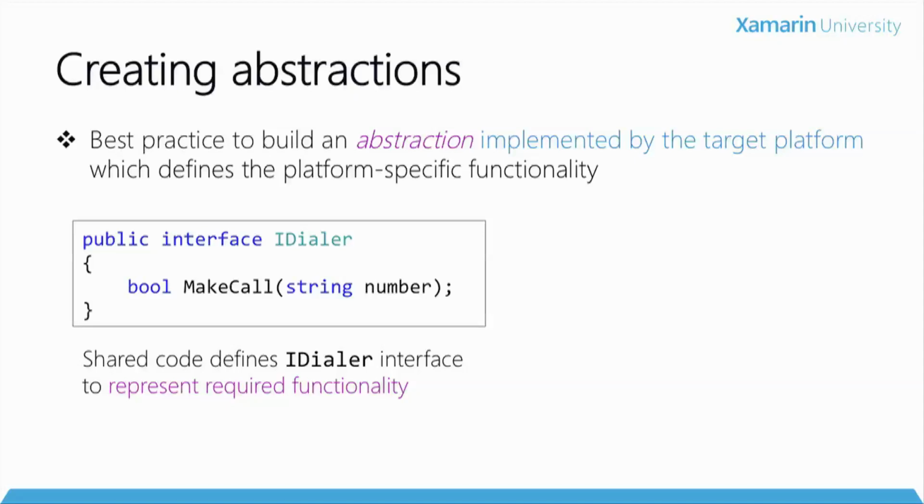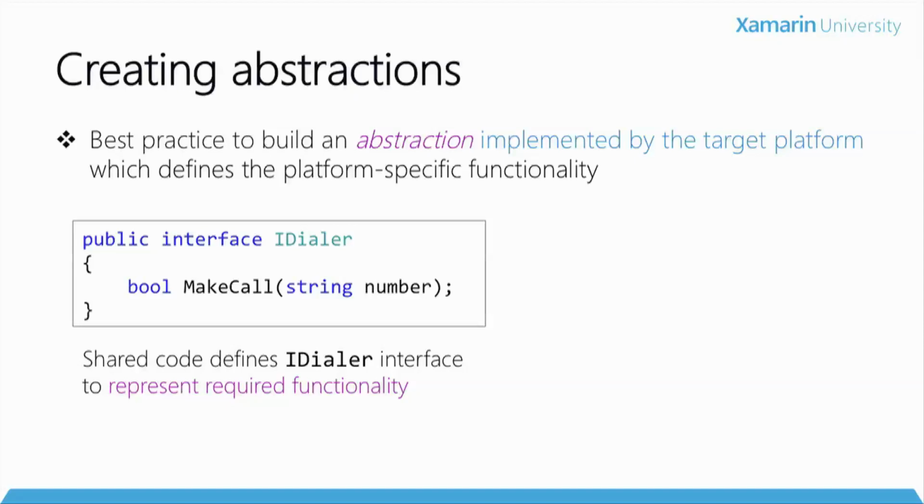This is our promise. And this promise says that at runtime, there will be a method MakeCall where we can pass in a number, and the MakeCall method will return true if the call succeeded, or it will return false if the call failed. Our shared code defines that IDialer interface, and all the code will be programmed against this interface.